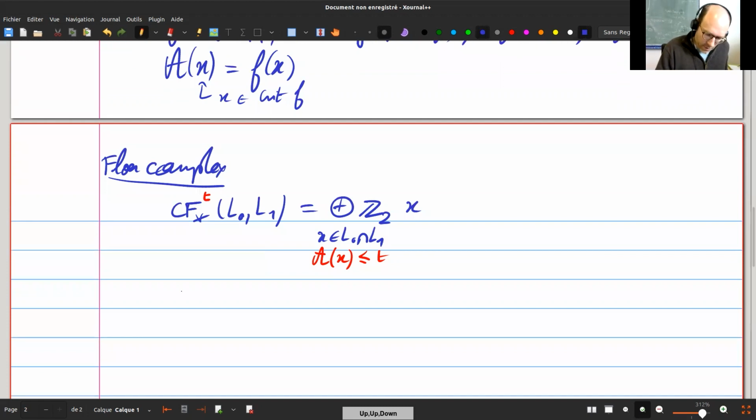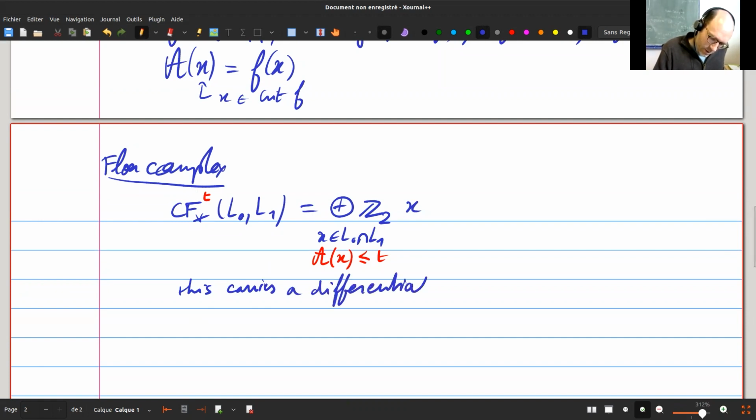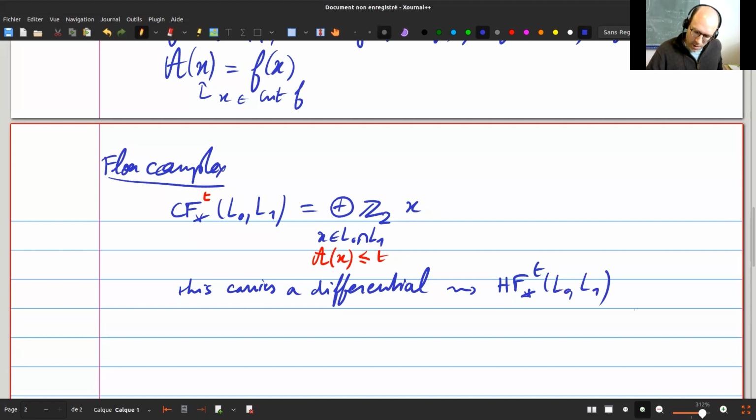It's a big theorem by Floer that this thing carries a differential, which is constructed by considering moduli spaces of holomorphic curves, and it's a long story. From that we get groups HF^T of L0 and L1, which are the Floer homology groups.